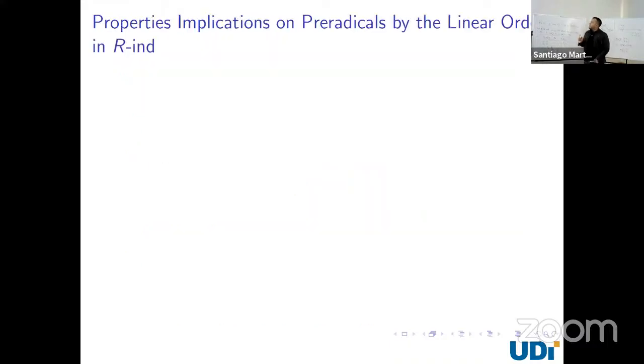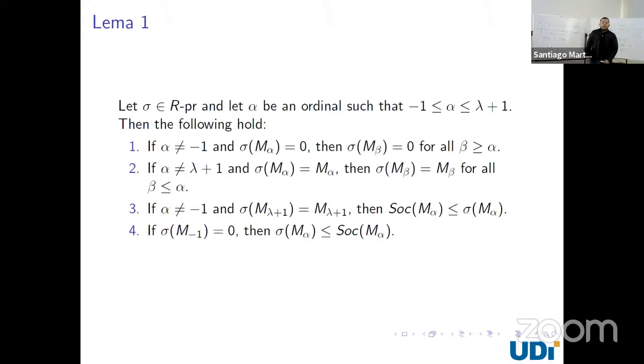So what properties, implications, and radicals do we get from the linear order that I just described here? The first result we got in the research is that if we have a radical sigma and any ordinal alpha, then we get these four properties. For example, if we don't take into consideration the first module, which is the simple injective, and it happens that for any alpha the radical annihilates it, then it is going to annihilate every module after it in the linear order.